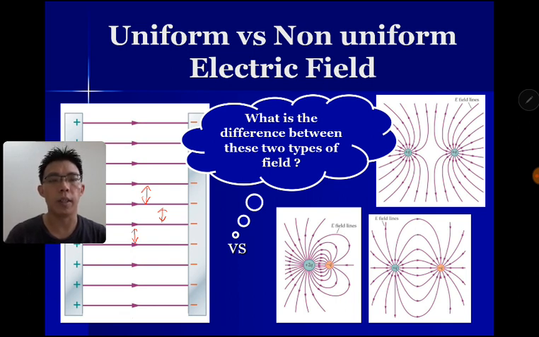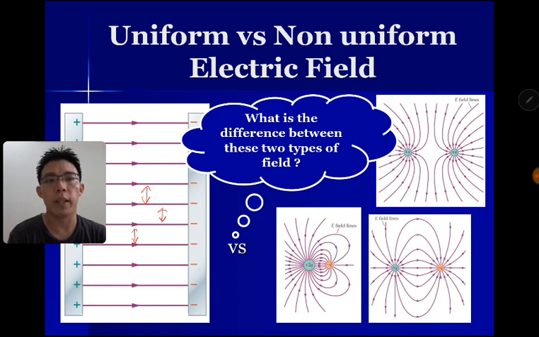Okay, because this is a uniform field, the evenly spaced lines indicate that this is a uniform field. So what is the significance of this uniform field? Later we're going to talk about that, but you can already have some guess, because earlier we mentioned that the spacing or density of the lines indicates how strong the field is.